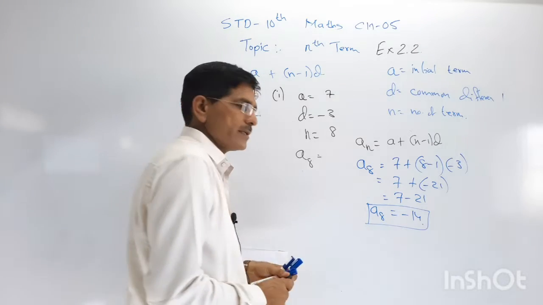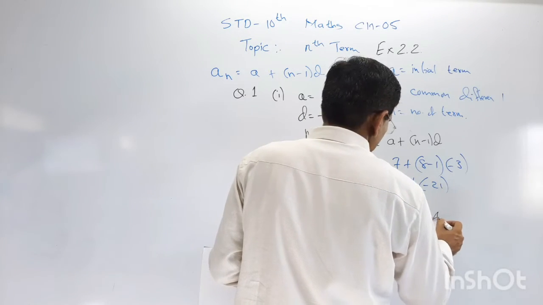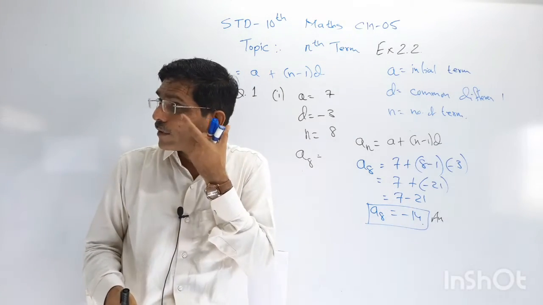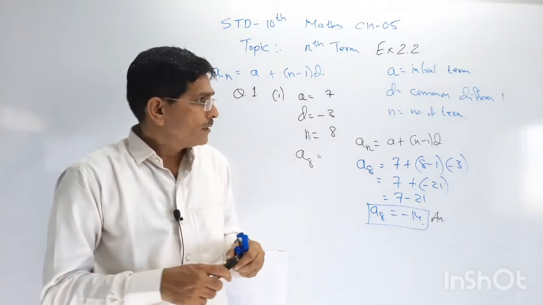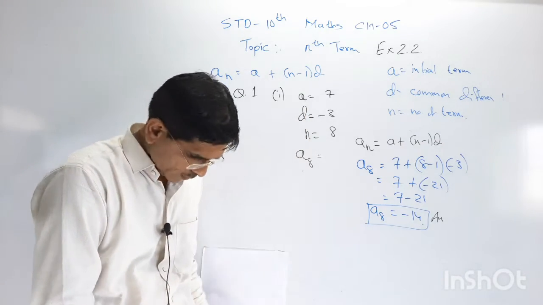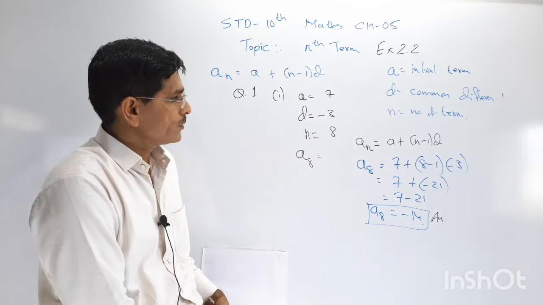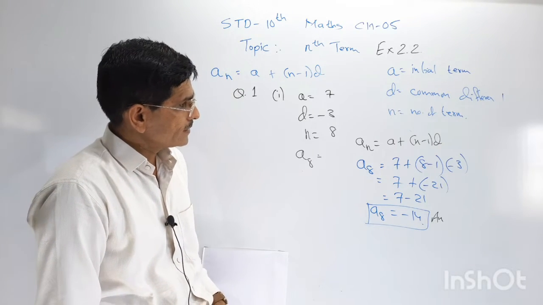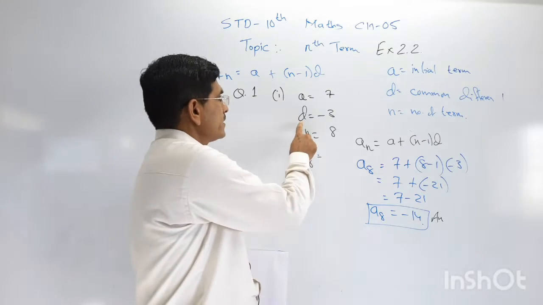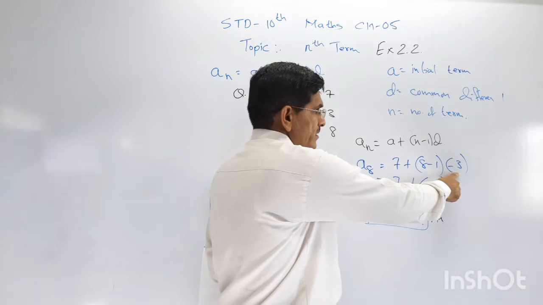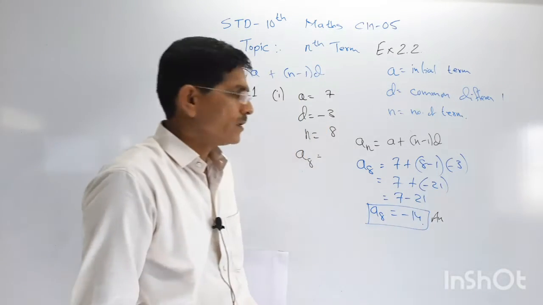Again I explain, it is important, it has a weightage of 5 marks. So what we have to remember always is that here d is minus 3. So I hope that you write this: a8 is equal to minus 14, taking d equal to minus 3. If I take minus 3, then minus 21.